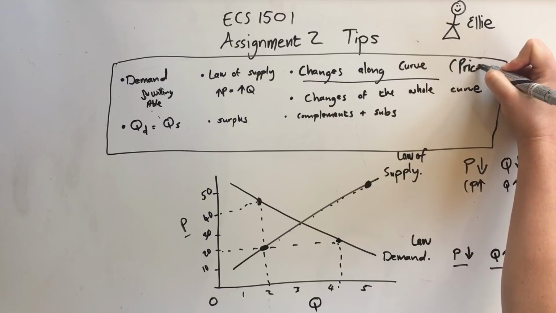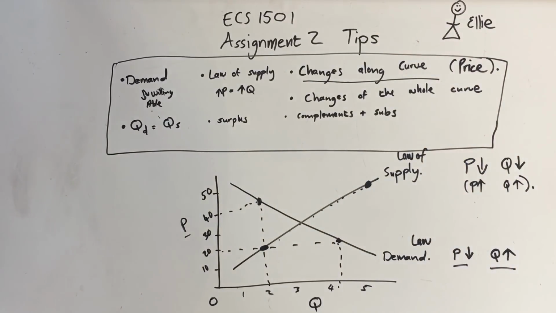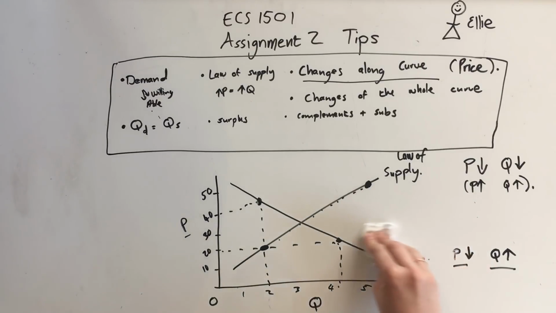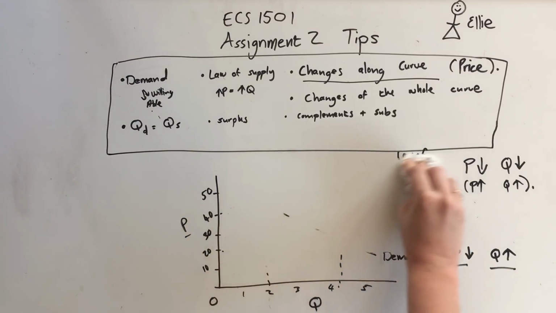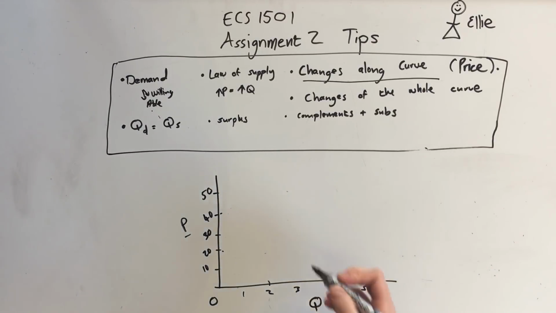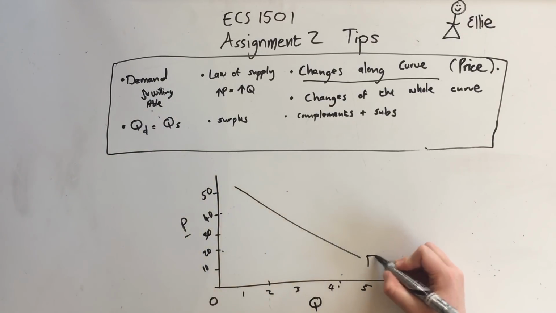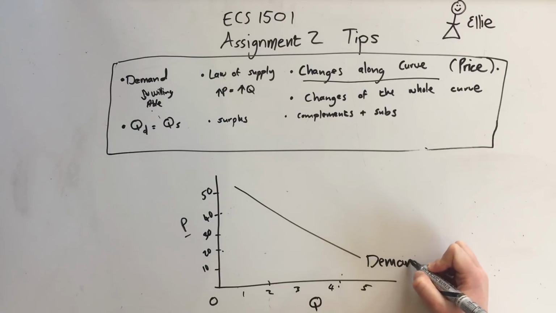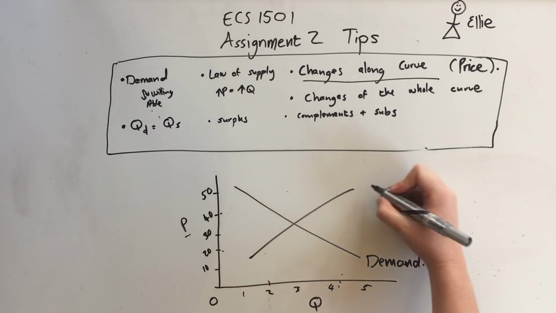That's price. Then there's another way that it can change, and that is if it changes not due to price, but due to, let's say, cost of production or more people in the market. Now I'm going to erase this and clean it up a bit. So this is the demand curve and this is the supply curve.